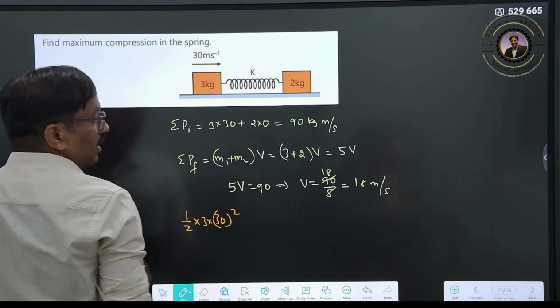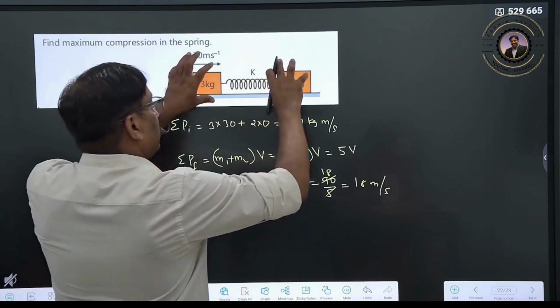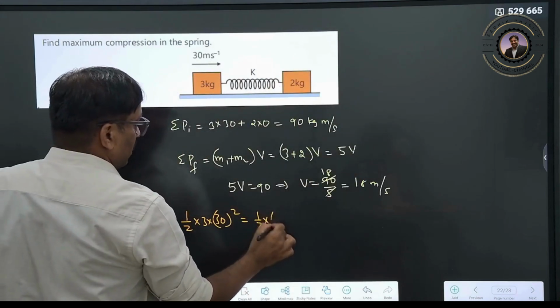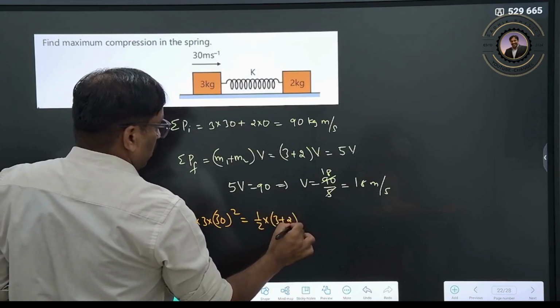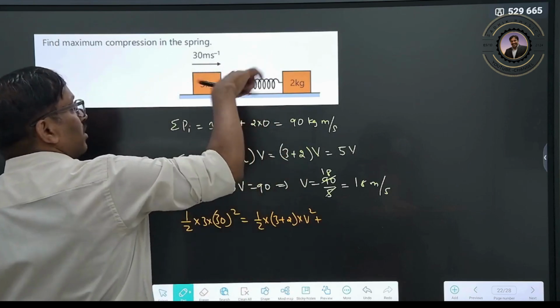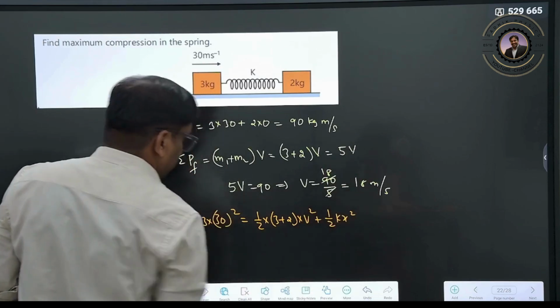This is the initial energy. Finally both are moving, so both have kinetic energy, half into 3 plus 2 into v square, plus it also has the compression energy, 1 by 2 k x square.